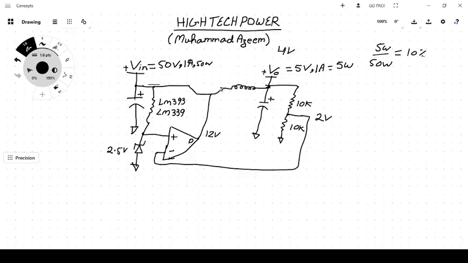So the current continues to flow through the inductor, goes to the output side, through the load, to the ground terminal of the input capacitor, and from there to the positive terminal of the input source and the collector side of the transistor.